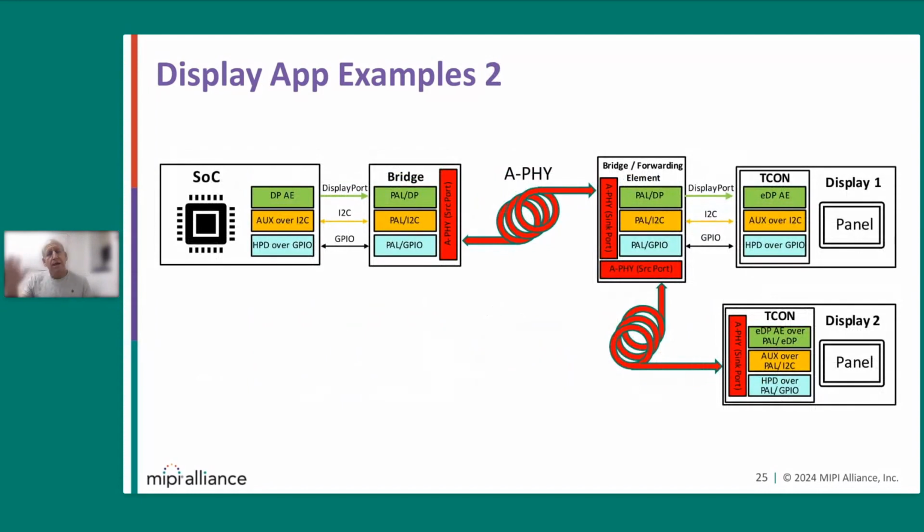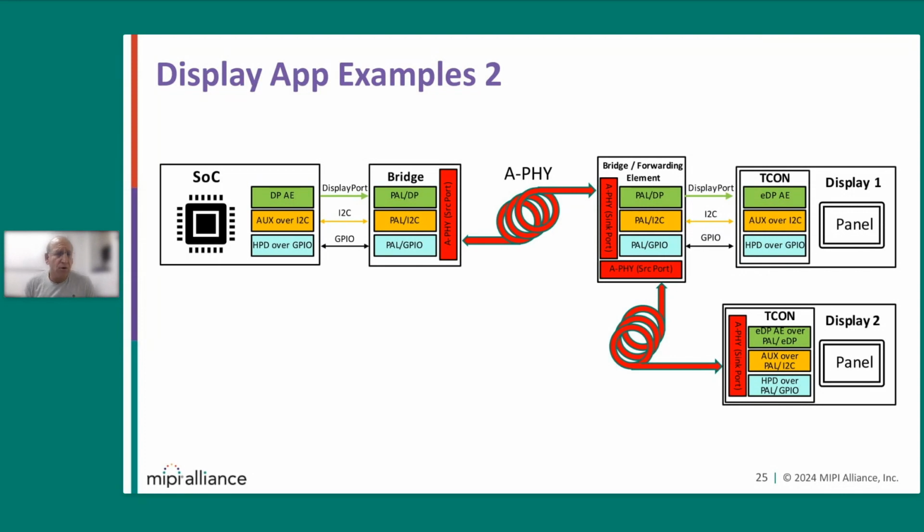And again, Ariel mentioned earlier that this daisy chain is typical in such applications. So here is an example of a daisy chain that uses the API multi-port link layer capabilities to create a forwarding element in the API network.